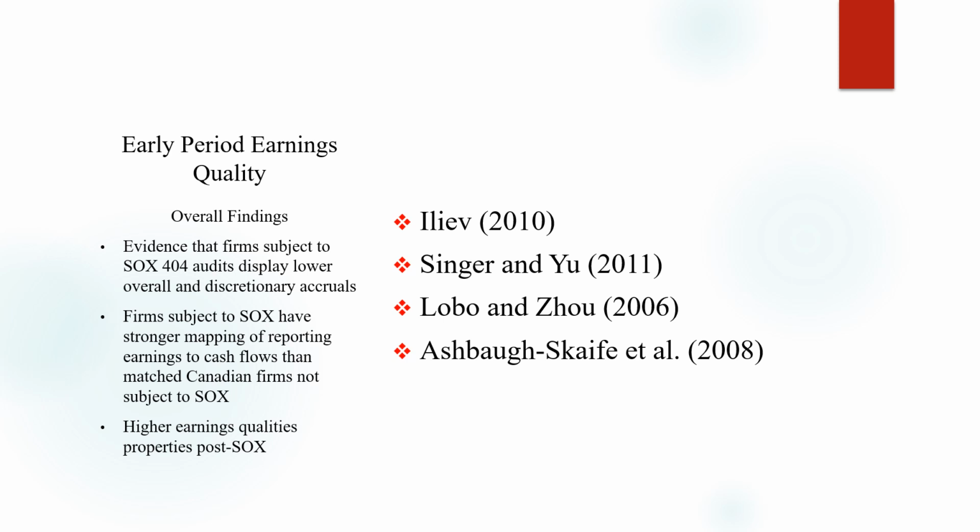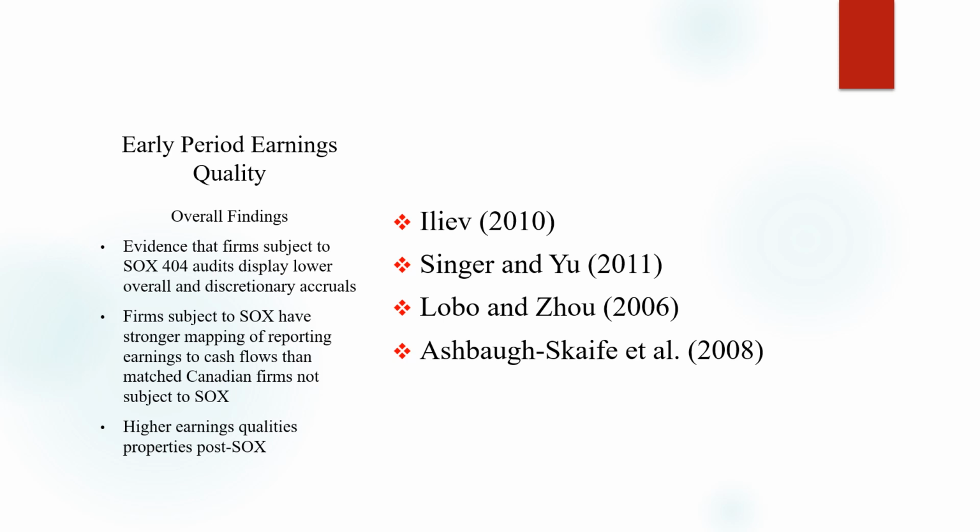Lobo and Zhao and the Ashbaugh-Skaife et al. paper tend to confirm this also, right? Lobo and Zhao find that there was more timely loss recognition after Sarbanes-Oxley, another measure of earnings quality. And Ashbaugh-Skaife, they looked at just a broad measure of earnings quality, and they found that earnings quality properties increased for firms who had to go through the remediation under Sarbanes-Oxley Section 404.